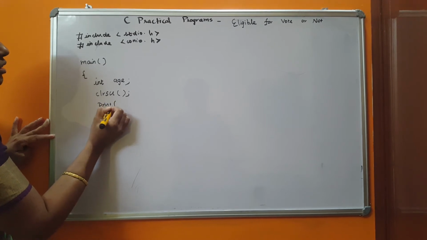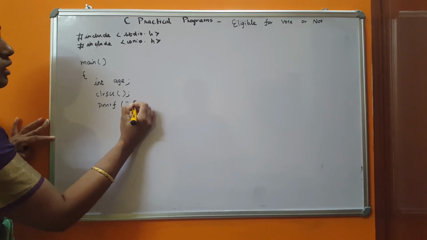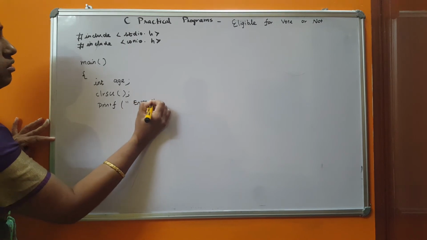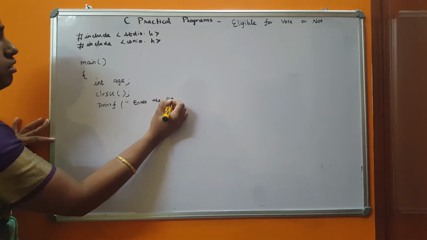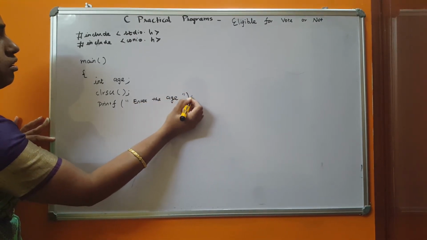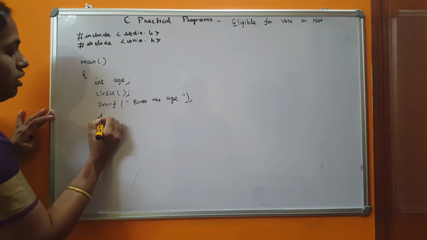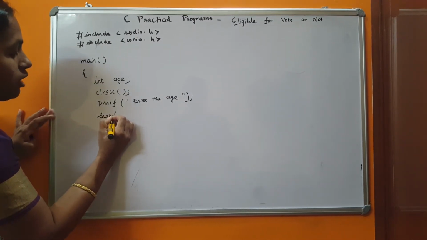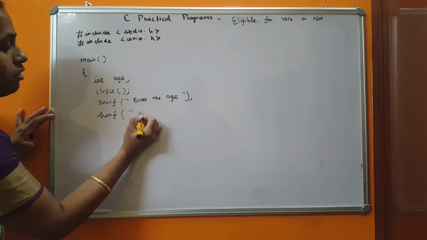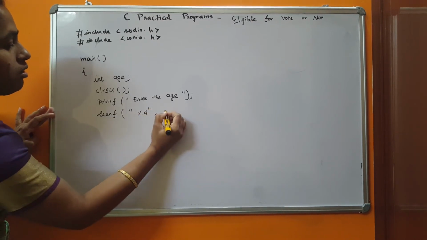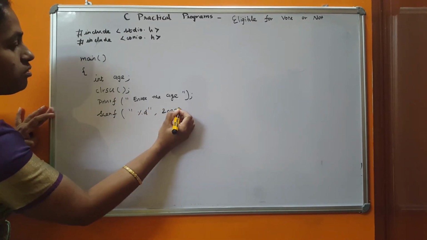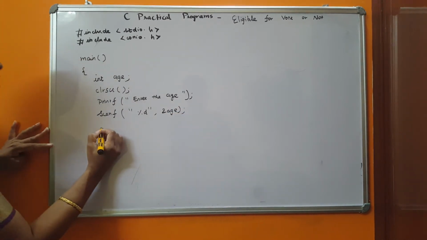This statement is displayed on the output screen. printf, enter the age. The next statement is the input statement, &age. Now we check the condition.